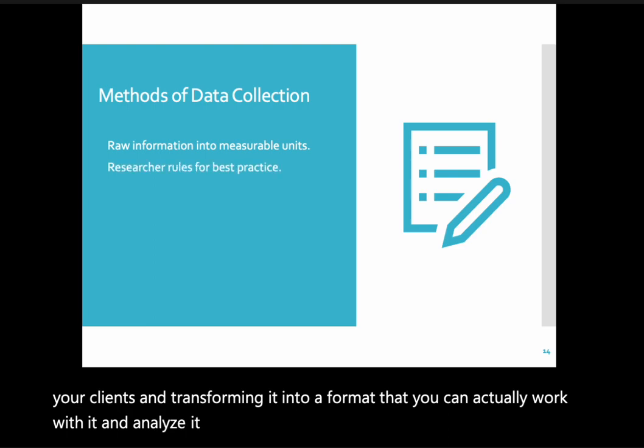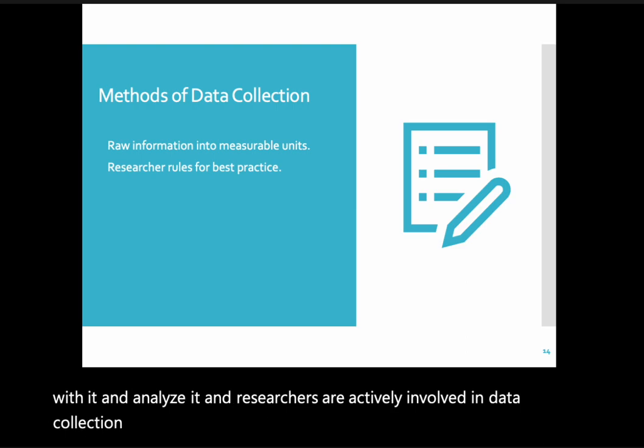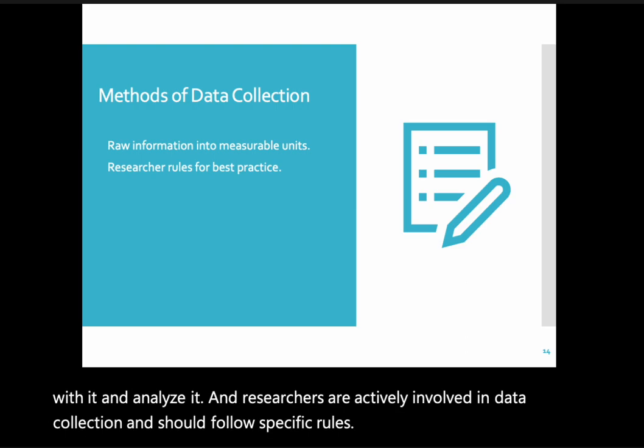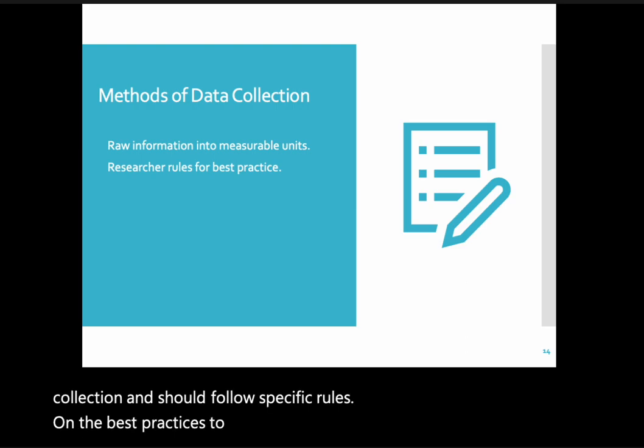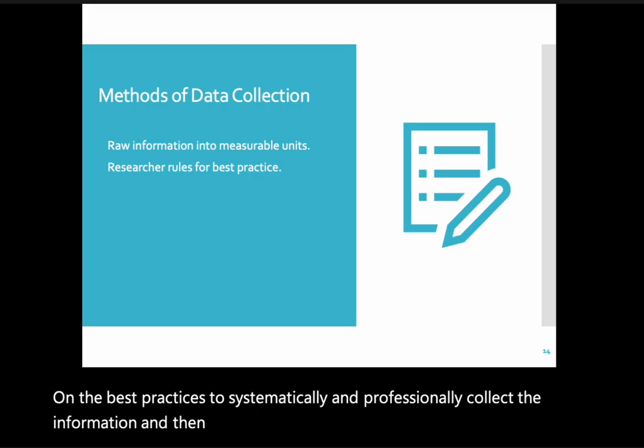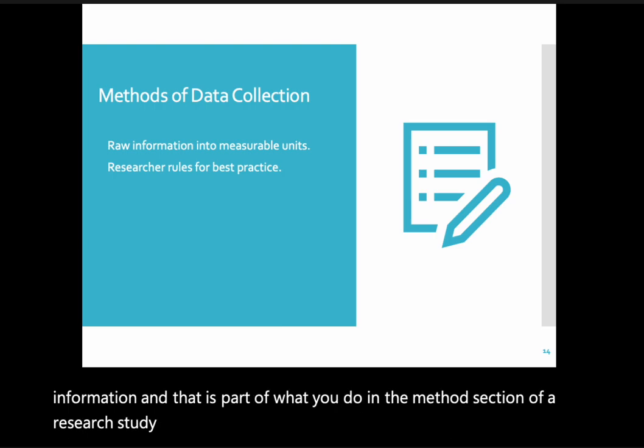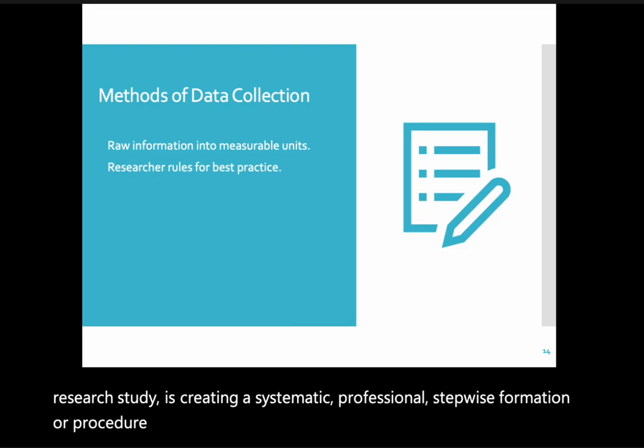And researchers are actively involved in data collection and should follow specific rules on the best practices to systematically and professionally collect the information. And that is part of what you do in the method section of a research study, is creating that systematic, professional, stepwise formation or procedure that you are going to follow in order to collect data.